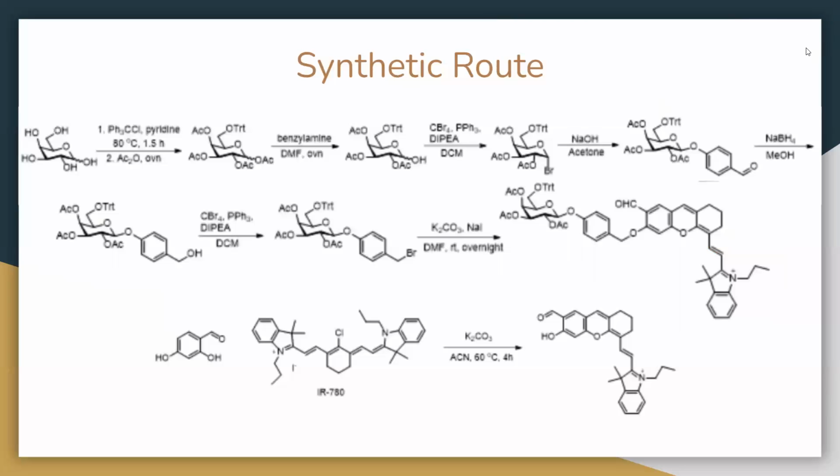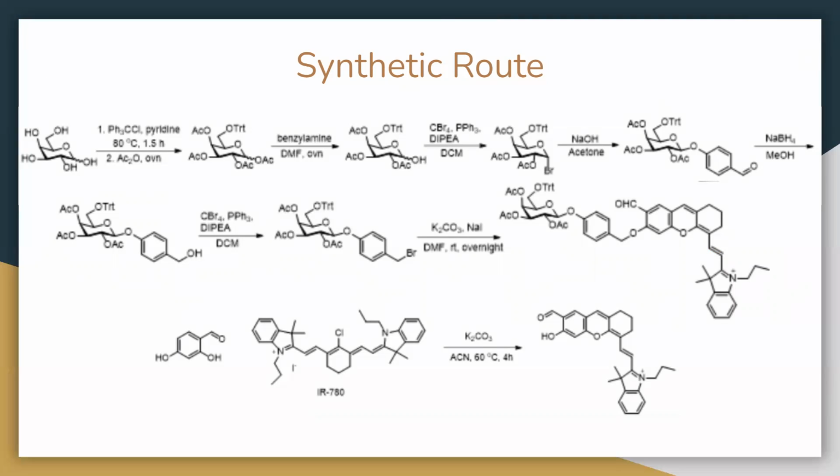All right, so now onto the synthetic route. This was the synthesis to produce the molecular probe or large fluorescent dye. And so, as you can see, most steps involve modifications to the groups on the C1 position.